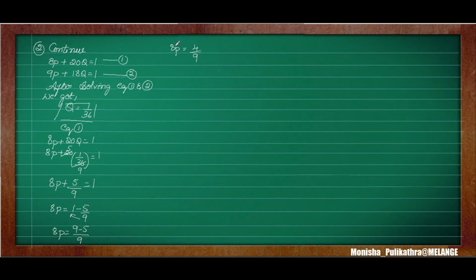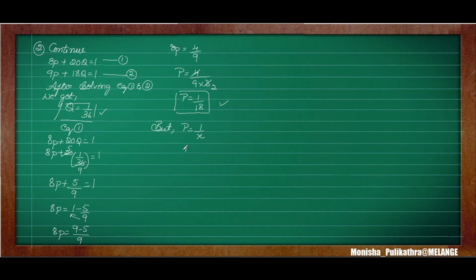In the next step, this is multiplication, so if I shift it, it will become divided by. So p is equal to 4 divided by 9 into 8, so p is equal to 1 by 18. This is the value of p. Now we have the q value and the p value, and we know that p is equal to 1 by x.